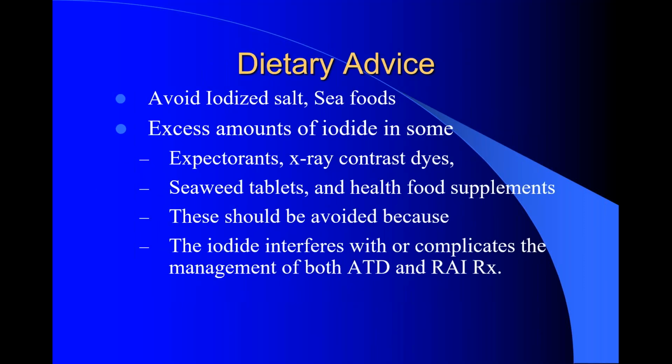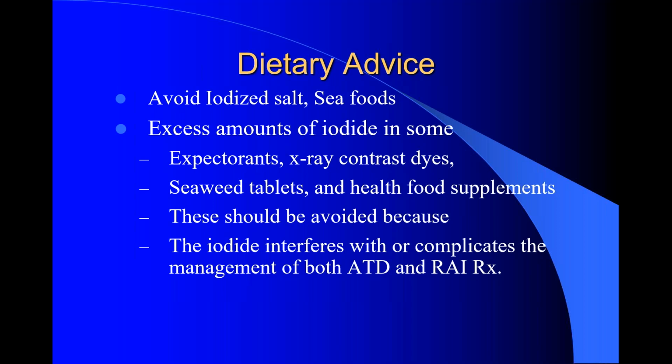Some dietary advice in hyperthyroidism: like in hypothyroidism, where you have seen fortification has to be done, maybe in common food items, or taking food items rich in dietary iodine. Here in hyperthyroidism, you have to avoid iodized salt and seafoods which are rich in iodine.